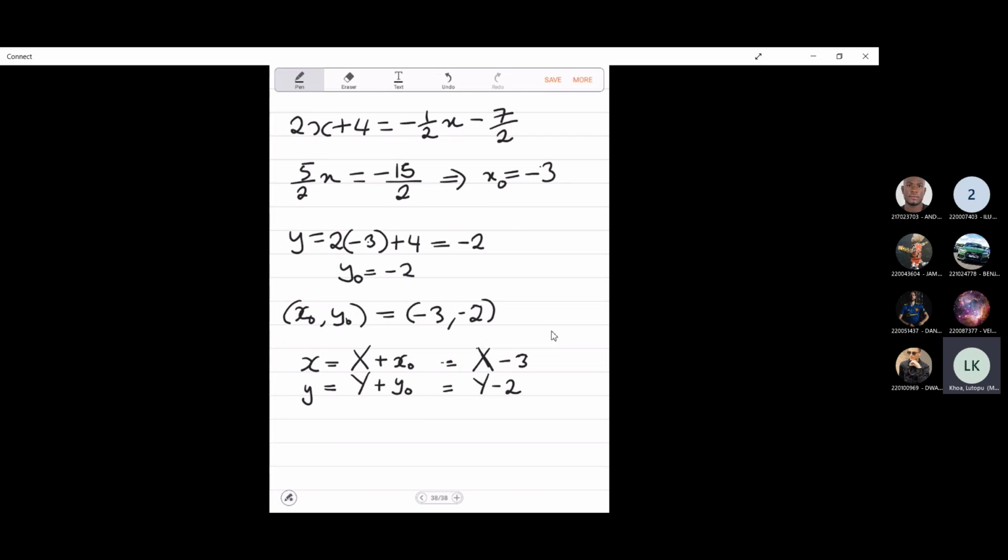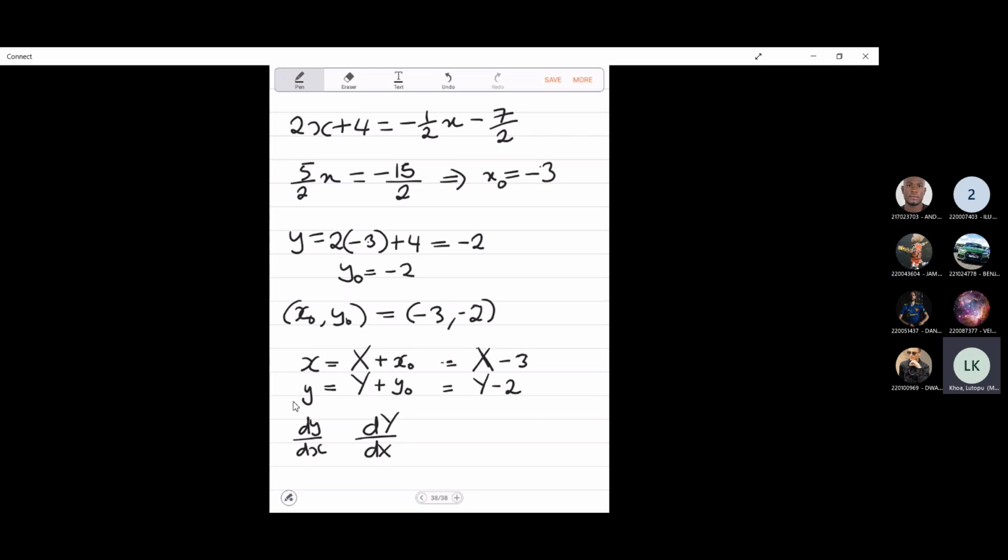So I have dy/dx. So I also need to replace dy/dx with this one. Okay, and here, because you can see these two only differ by a constant, their derivatives are the same.